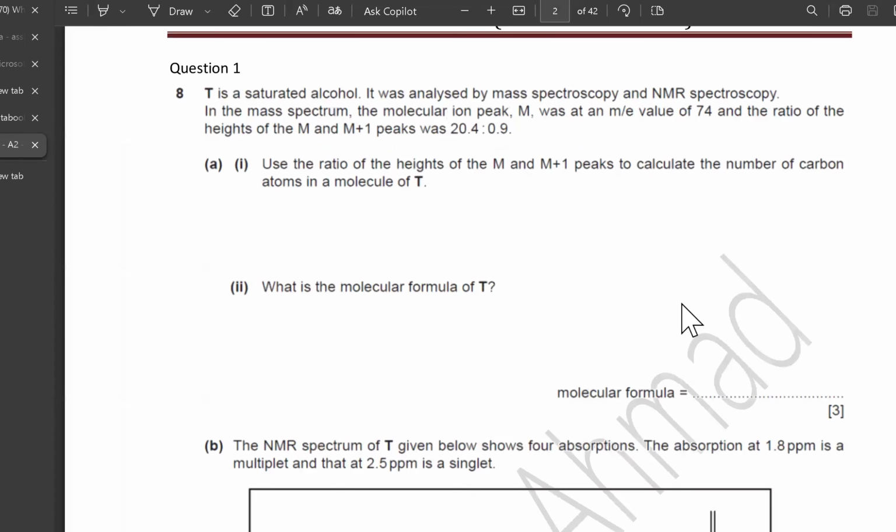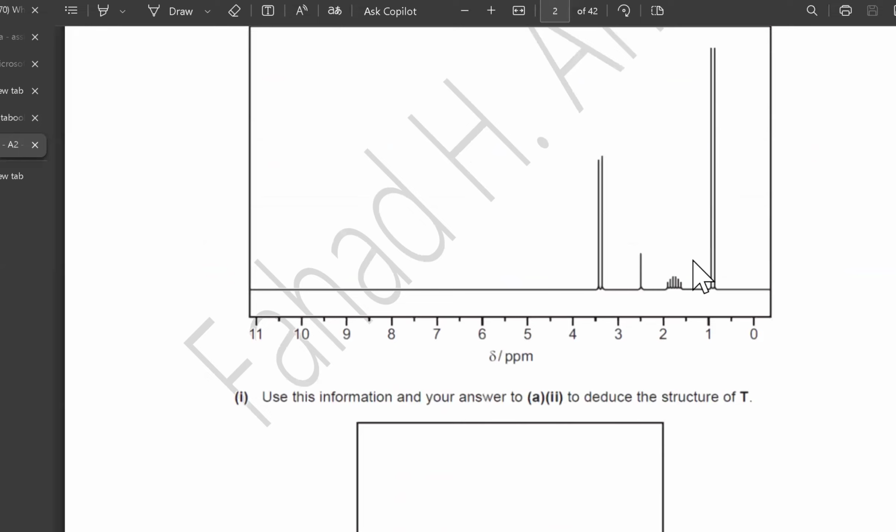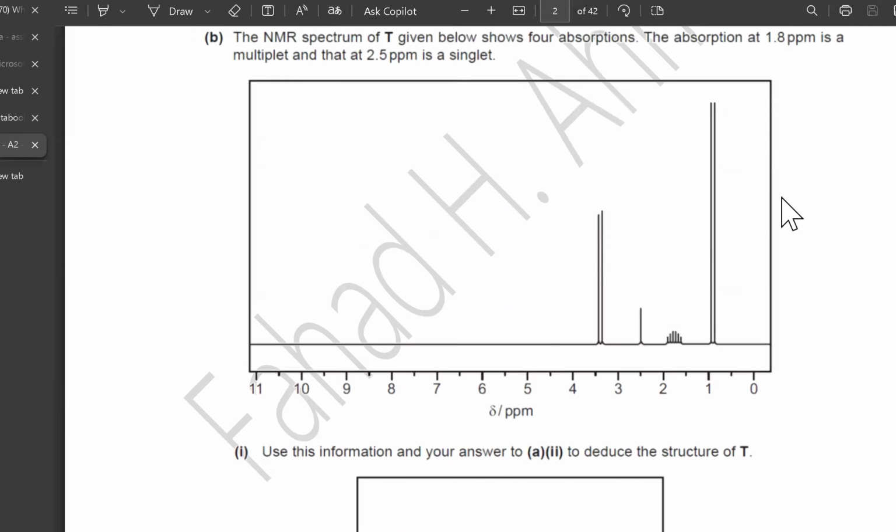Let's try to analyze the NMR spectrum over here. How many chemical environments do you see? That's four. Four chemical environments.